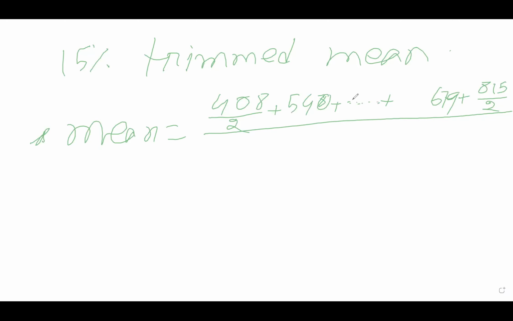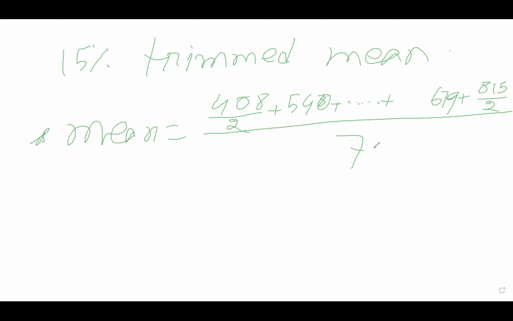So we have to divide by 8 or 7. Yes, we'll divide by 7, right? Because how many observations did we remove? We removed 1 observation from the left completely, 1 observation from the right completely. So 2, and 50% of 408 and 50% of 815.